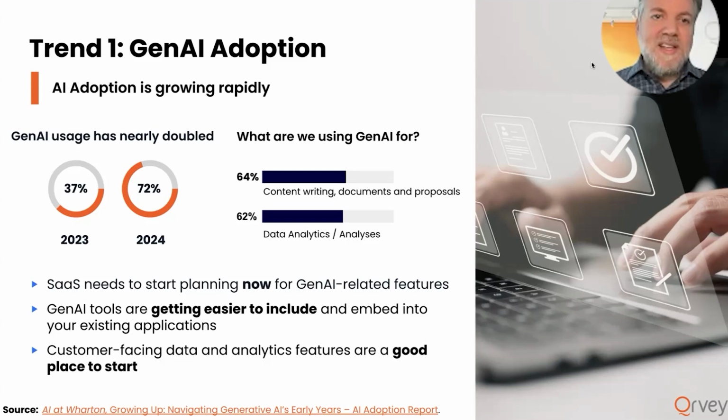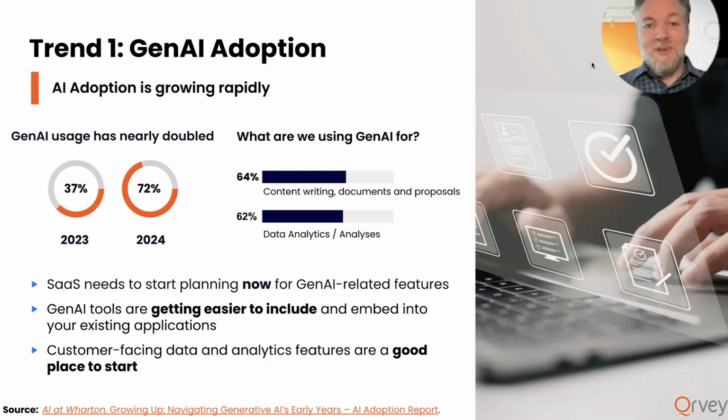Obviously, AI is a pretty hot topic across the board, but particularly Gen AI. And what we know is that AI adoption is growing very, very rapidly. Studies are showing that the usage between 2023 and 2024 has basically doubled. So more and more people are using Gen AI.